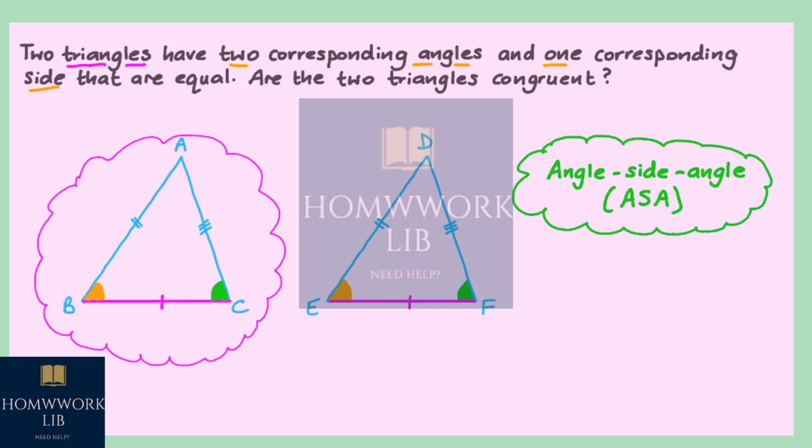Let's go back to this first triangle and think about the angles in the triangle. We can recall that the angle measures in a triangle sum to 180 degrees.